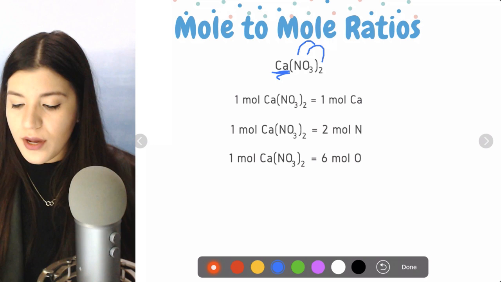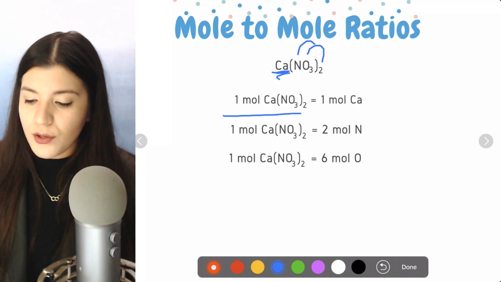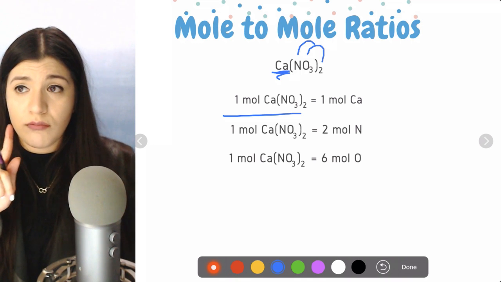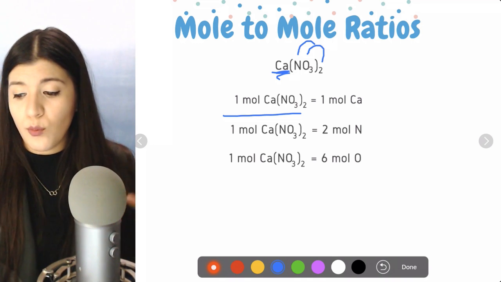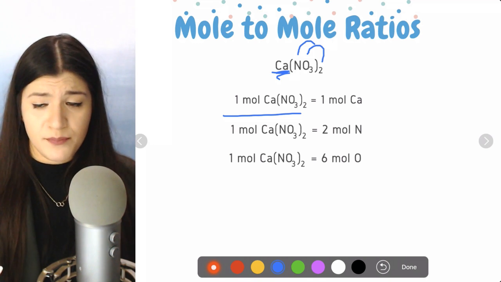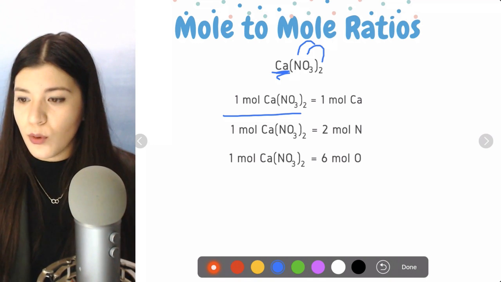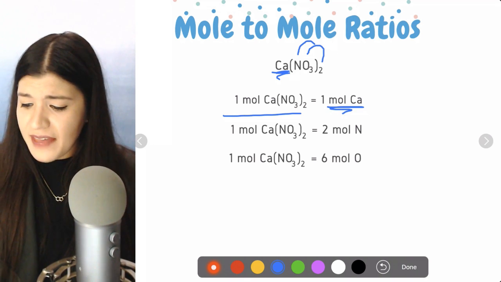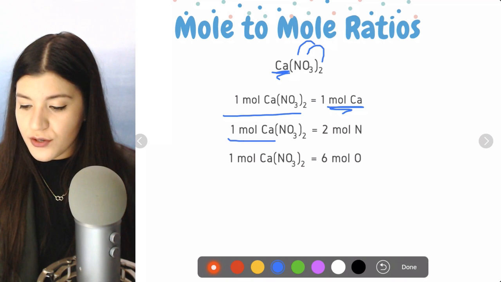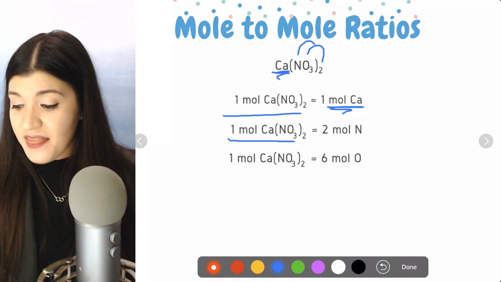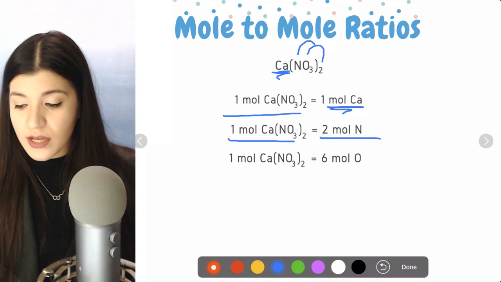So here we see, for one entire molecule, or one mole of calcium nitrate, we're going to have 1 mole of calcium because there's no subscript here. And then next, there's still, once again, 1 mole of calcium nitrate, and this is going to be 2 moles of nitrogen.